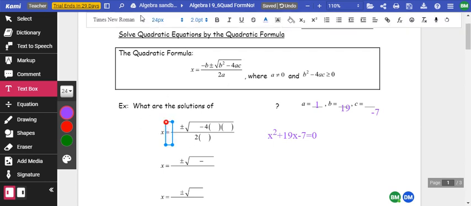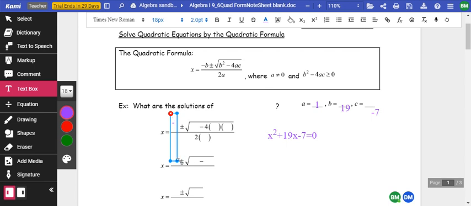I'm going to make this a little bit smaller because I think it'll fit here better. Okay, so we're going to say negative 19.